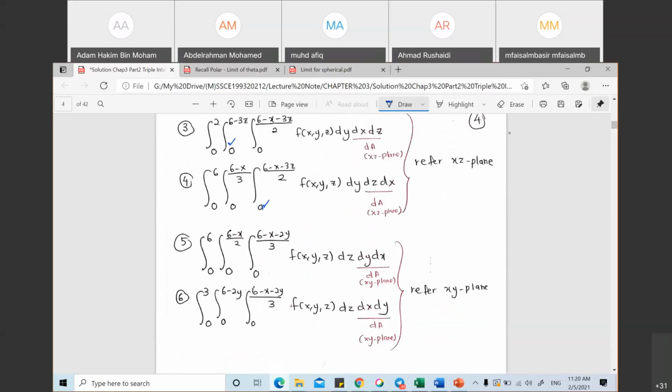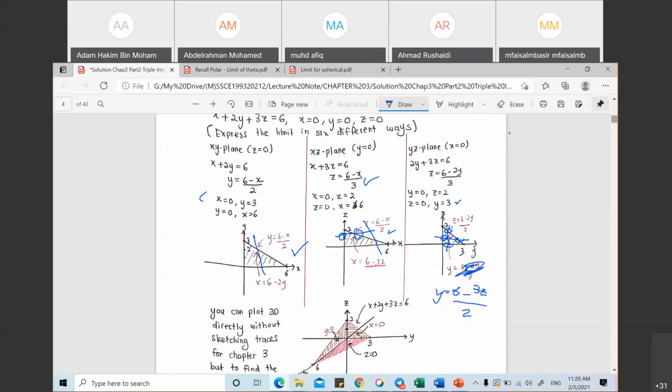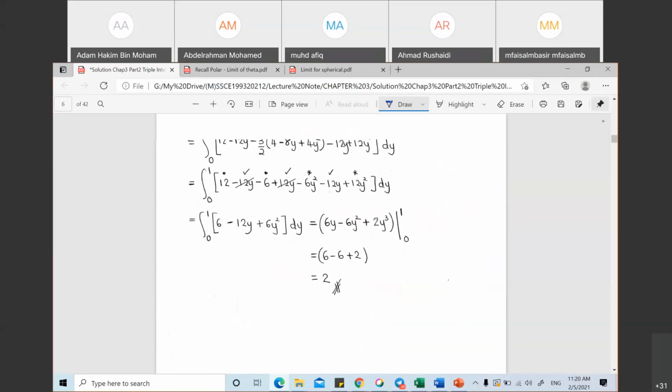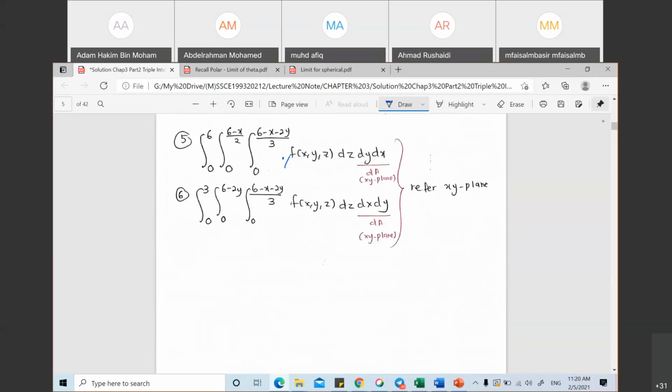Okay, and dx dy should be, your y should be 0 to 3. Your x is from 0 to 6 minus 2y. Okay, any question for this?